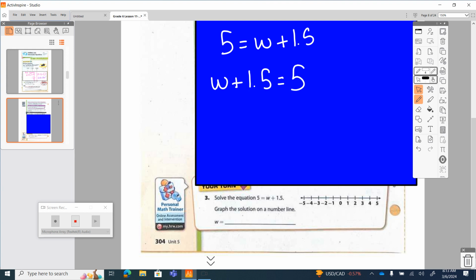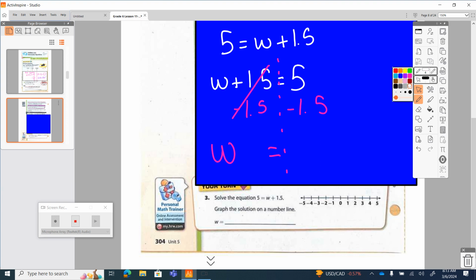So thinking of those fact families here, I could subtract 1.5, correct? And technically, make a mirror line here. You'll start seeing us do that in algebra. I'm actually doing it to both sides because those cancel out. And I'm left with w on this side, 5 minus 1.5.